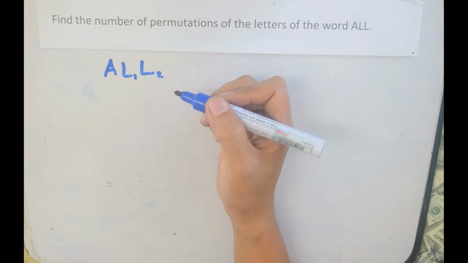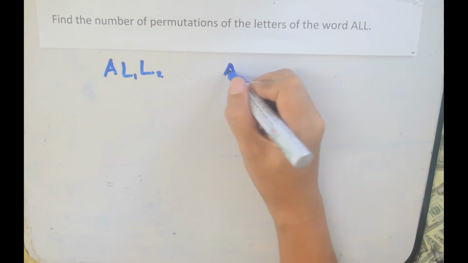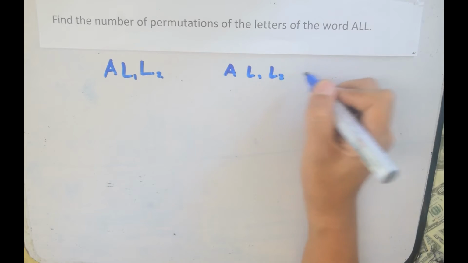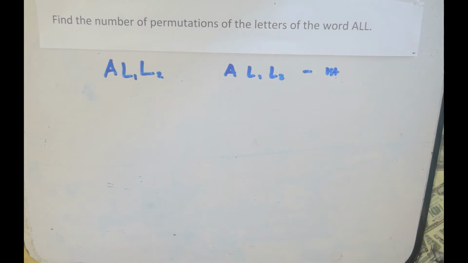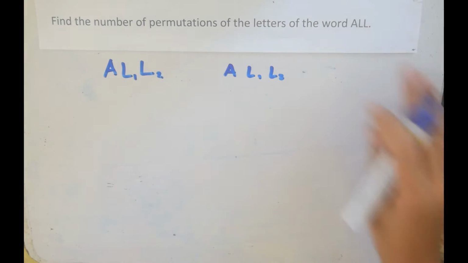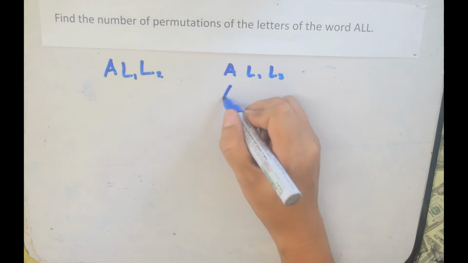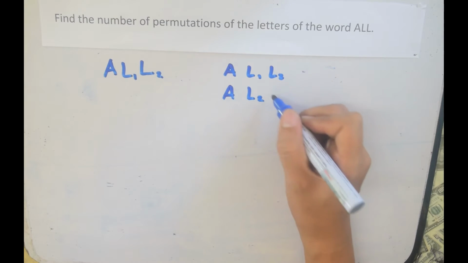So when you are going to arrange that one, you can have the first arrangement. We have A, L sub 1, L sub 2. This is the first arrangement, or arrangement number 1. Okay? So we have also here A, L sub 2, L sub 1.